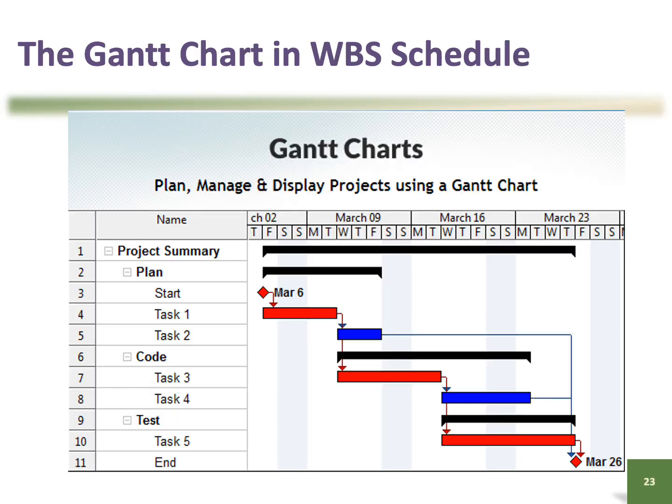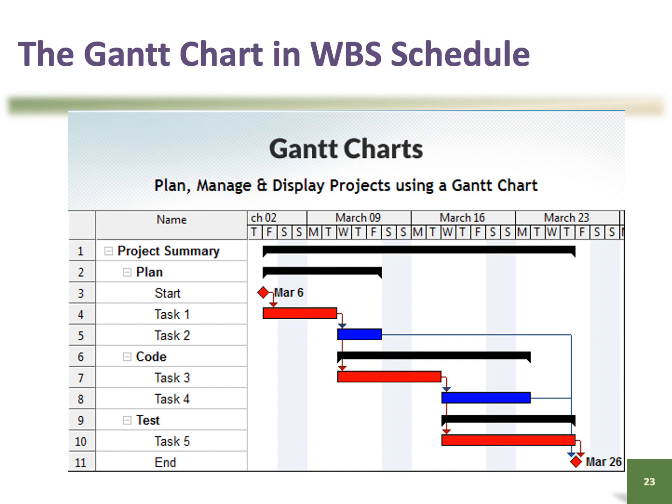Over here shows the Gantt chart in WBS schedule from the previous slide. The first thing that you need to do before you do your Gantt chart is your WBS, so that you can identify all the activities in the project before you develop the Gantt chart.